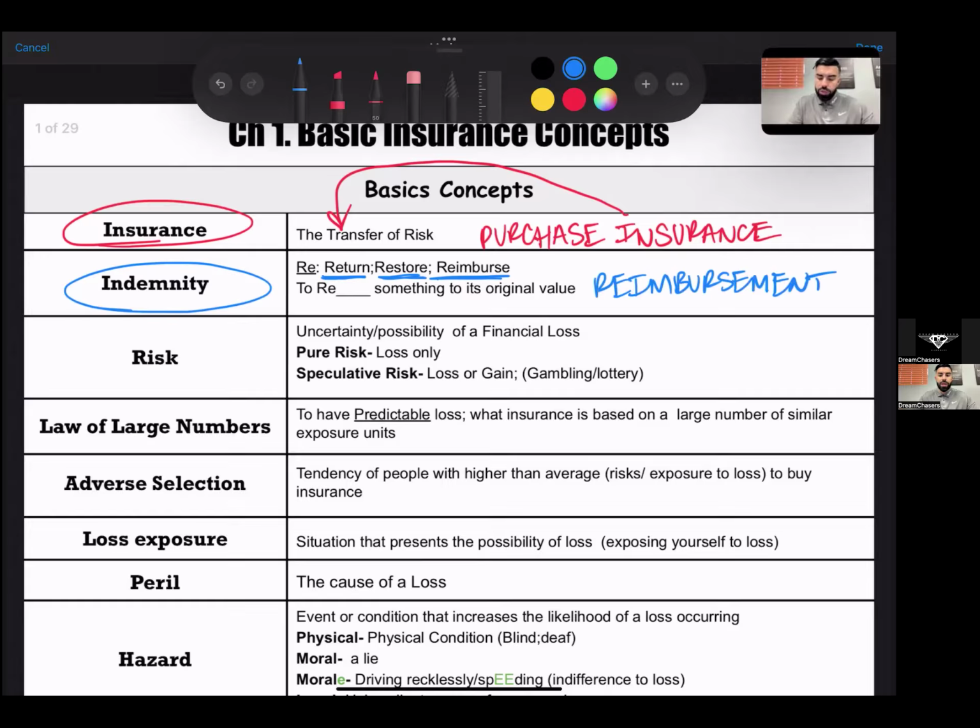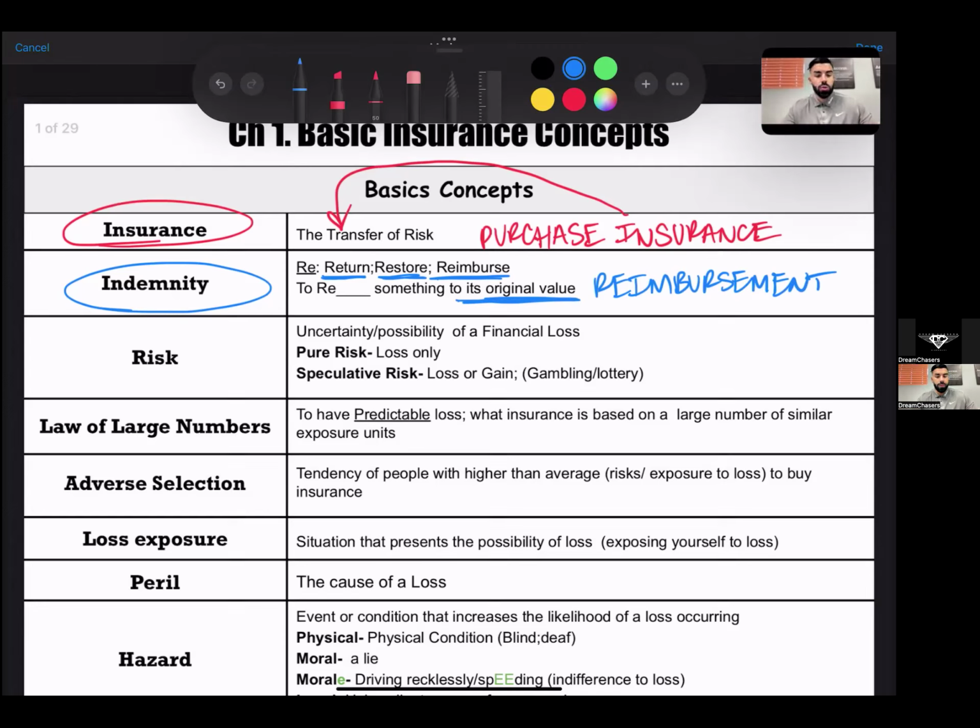So when you're going to reimburse or be reimbursed for something, it's bringing it back to its original value. So, for example, let's say you have auto insurance and your total coverage is $50,000. A person gets into a car accident and takes their car to the body shop, which starts to work on it.